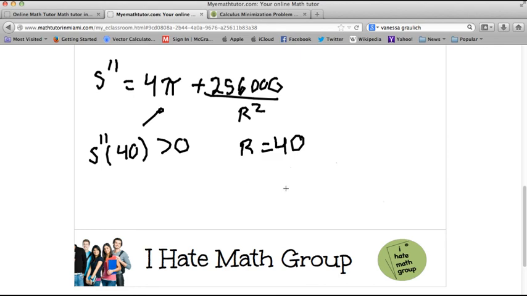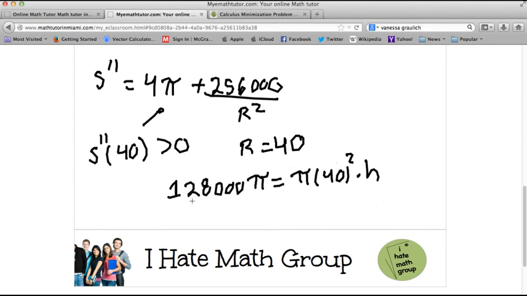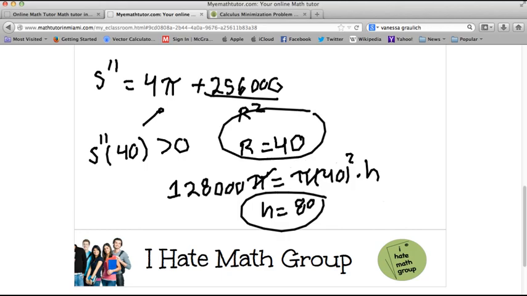To find the height, you plug it back into the information given at the beginning, which was that the volume was 128,000 times pi. So pi times 40 squared times h, and solving for h, you get 80, and that's it.